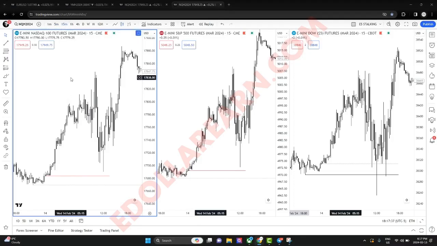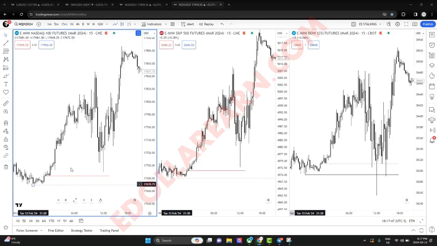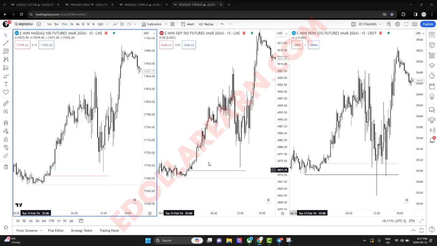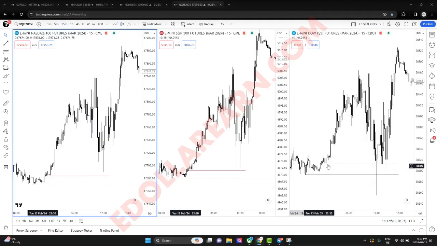So yes, we had price trading close to this true open, but it didn't get there before it rallied, and it created SMT. Same thing happened here, but in Dow we had price trade below the Asian session and below the true day open.